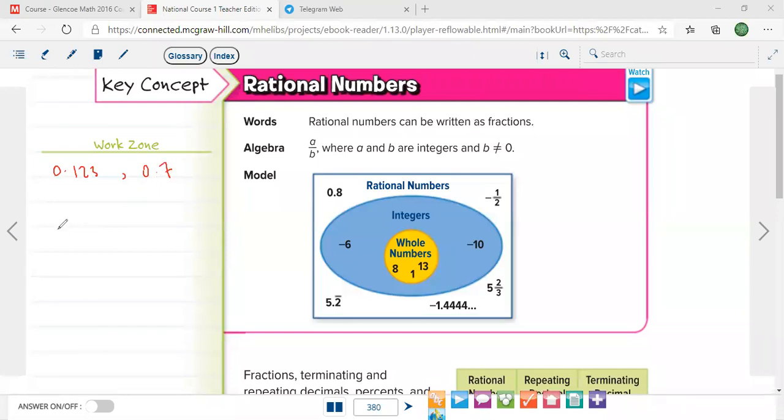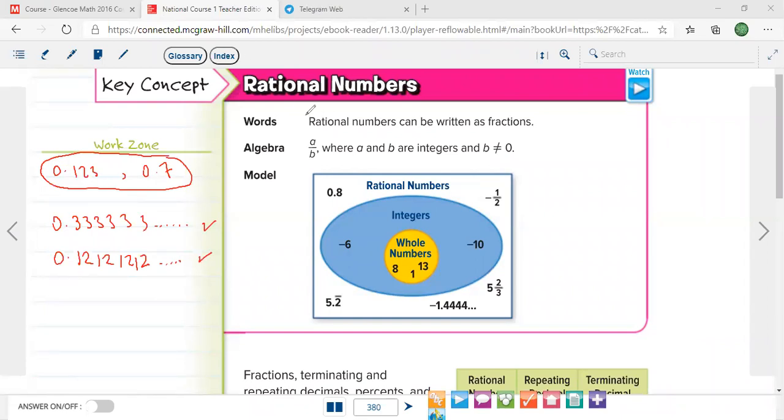Repeating decimals, for example, are like 0.3333333 and so on with no end, or 0.12, 12, 12, 12, and so on. These are repeating decimals. These are terminating decimals. How can we know and differentiate between them? This is our lesson today.